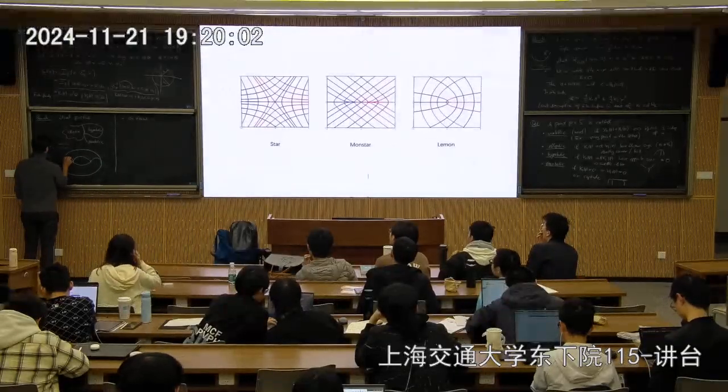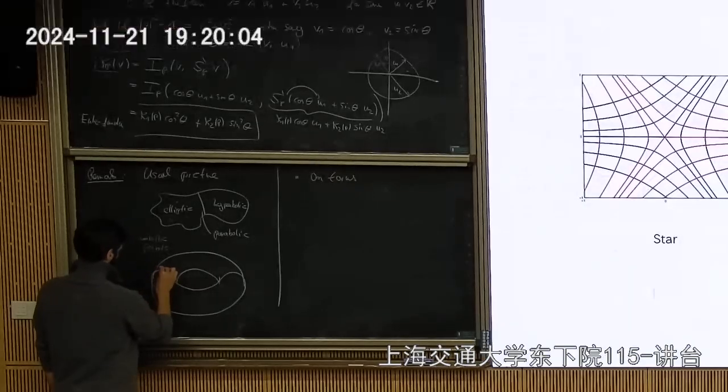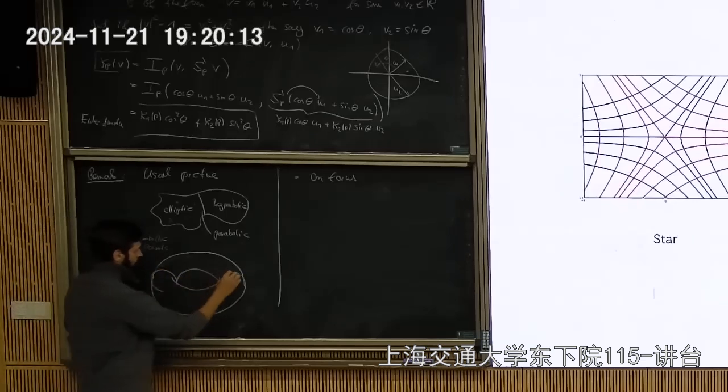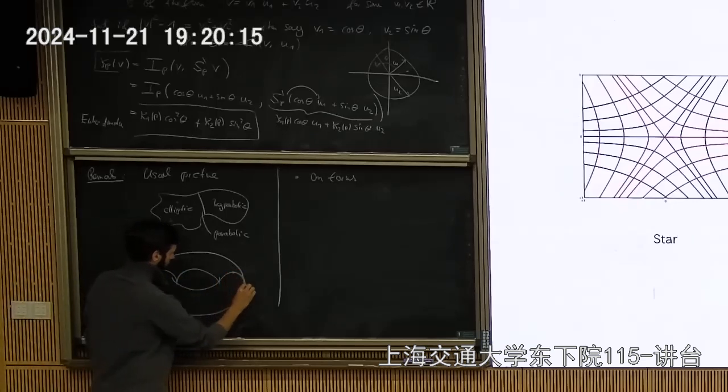If you just take the circle, the outside part is elliptic.